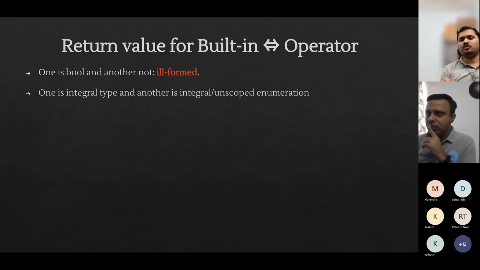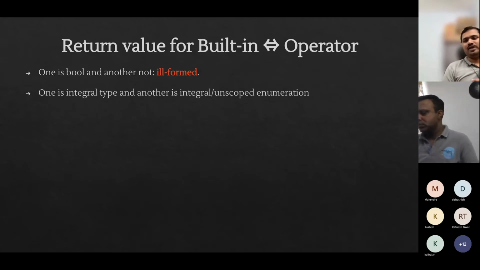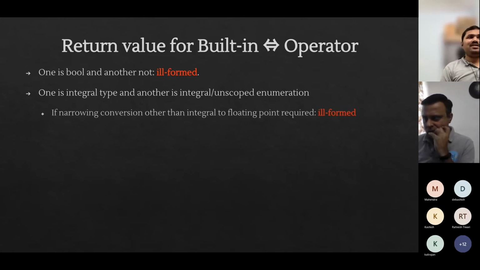You remember what is unscoped enumeration? The C-style enum, which can be implicitly converted to integer, which was a major headache for all this enum comparison, right? So if that is the case, and if you have to do a narrowing conversion, let's say other than floating point to integer conversion, then again the program is ill-formed.